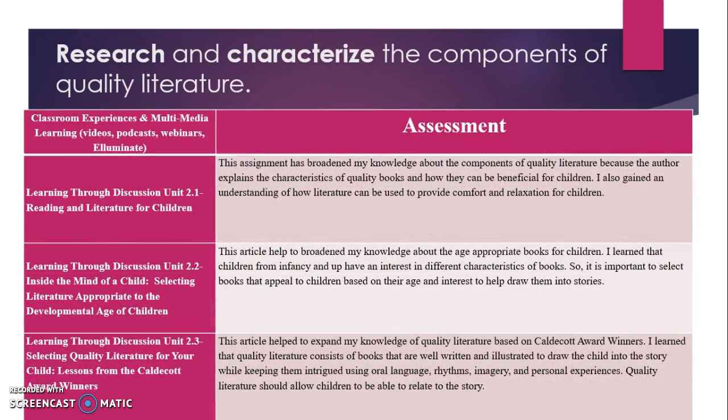Then I have research and characterize the components of quality literature. For this student learning outcome, I selected the article Reading and Literature for Children. This assignment broadened my knowledge about the components of quality literature because the author talked about different characteristics of quality books and how they can be beneficial for children.